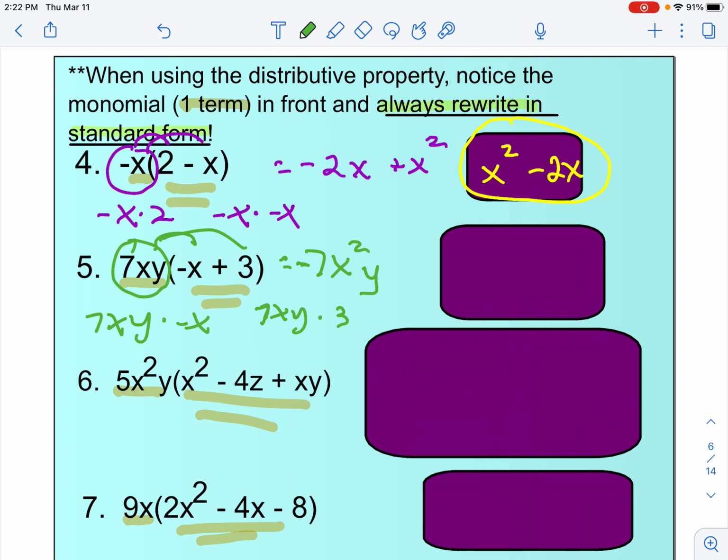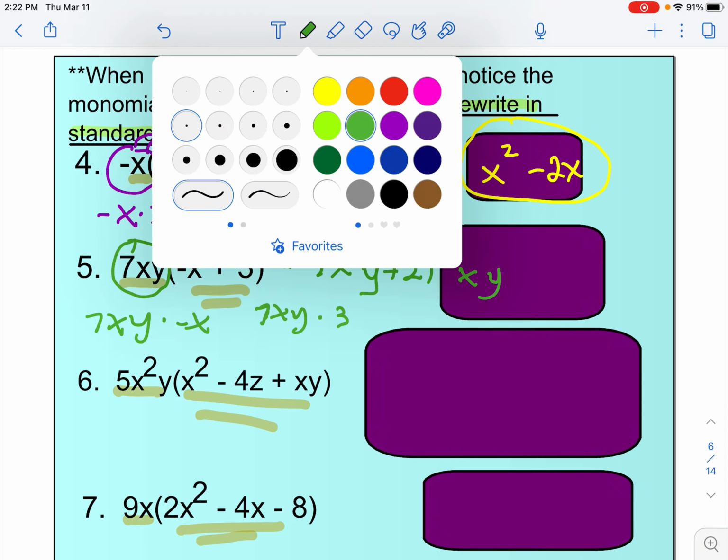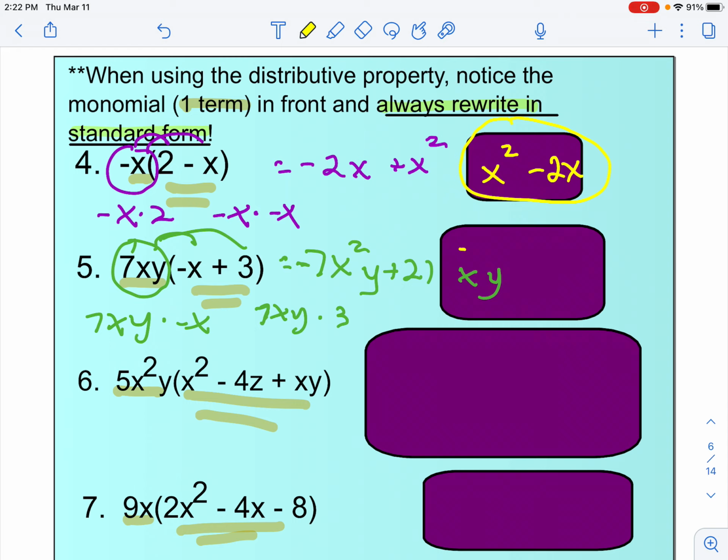So the 7 times the 3 gives me 21, so it's plus 21xy. So again, written in standard form, this is already in standard form, so I can just rewrite it: negative 7x squared y plus 21xy. So that is our answer. We really didn't need to rewrite it in standard form, but I thought I would make sure it was clear.